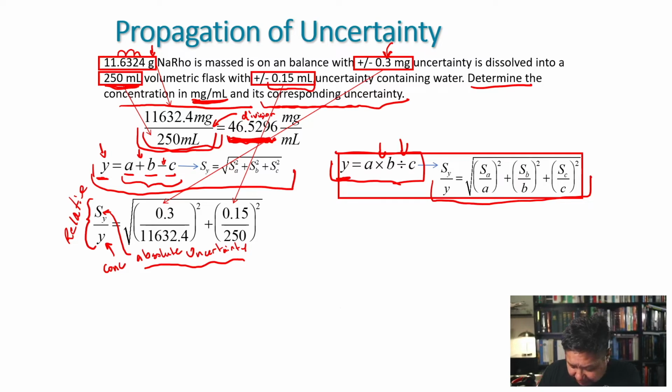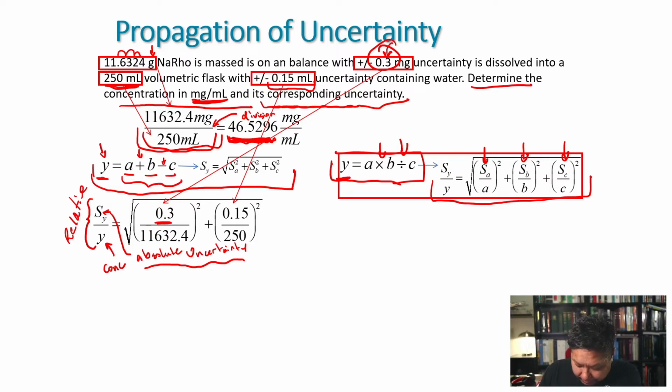The SA here in this equation, the SB here in this equation, and the SC here in this equation are the uncertainties that are associated with each one of the measurements. So for SA, the uncertainty that was associated with it would be the 0.3 milligrams. That's why the 0.3 milligrams goes in the first spot right there.